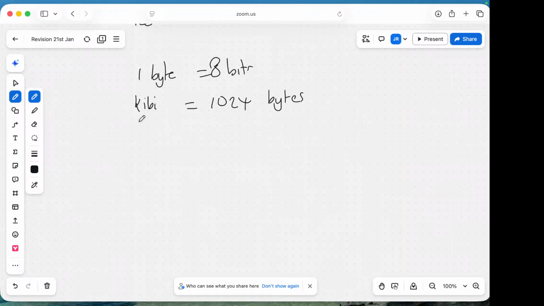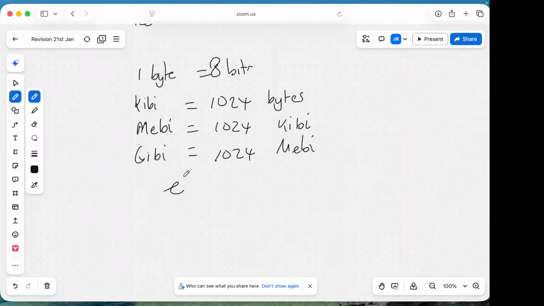And then if we've got a gibibyte, then that is 1024 mebibytes, etc. So basically, every time you go up, it's 1024. Good. Okay, next question then.